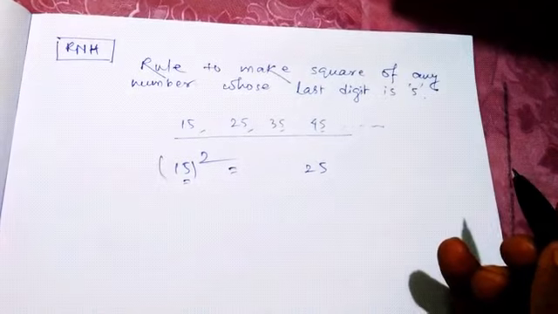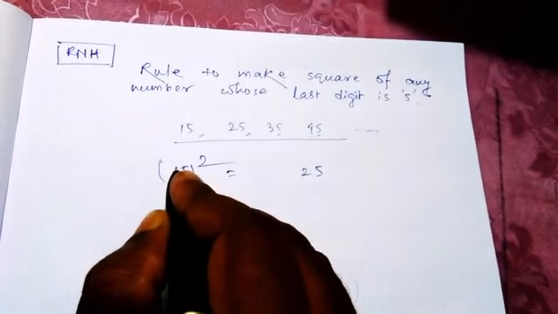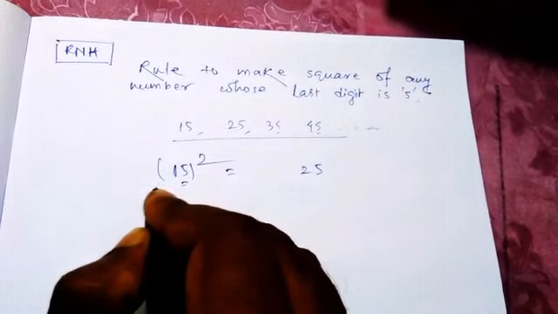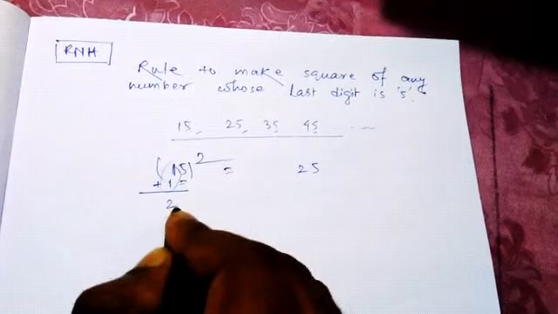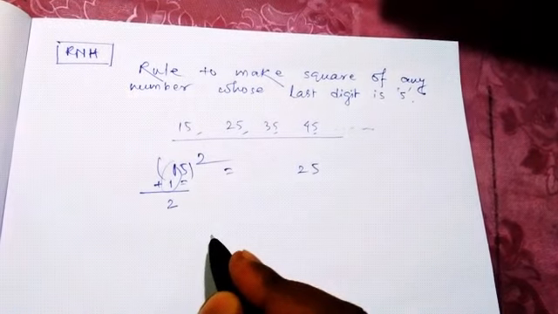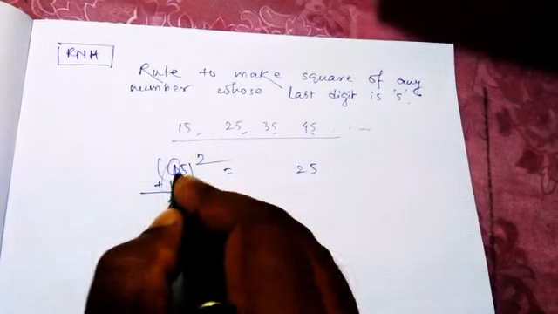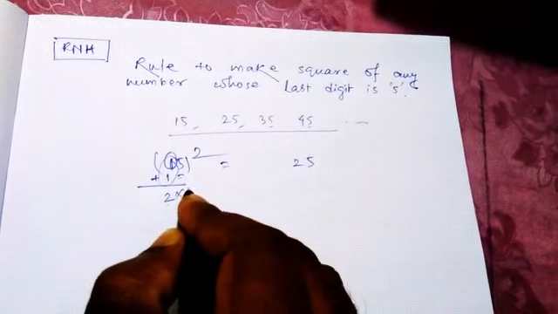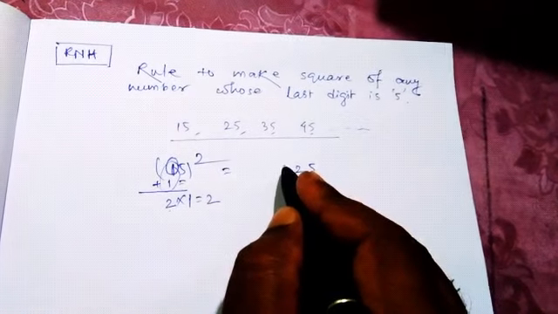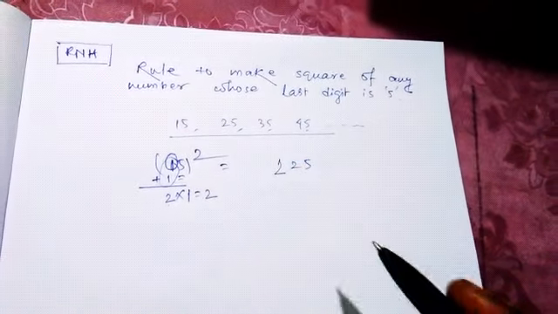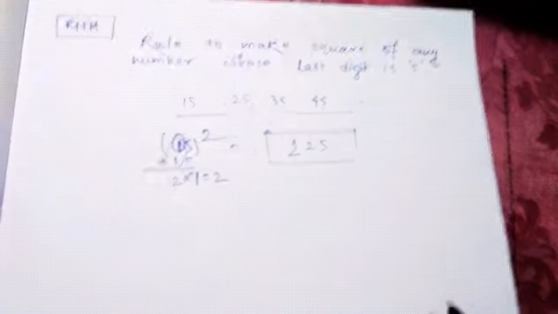Then add 1 to the other digit: 1 plus 1 makes 2, and multiply 2 with the previous number. 2 into 1 is 2. Put 2 here. The answer is 225.